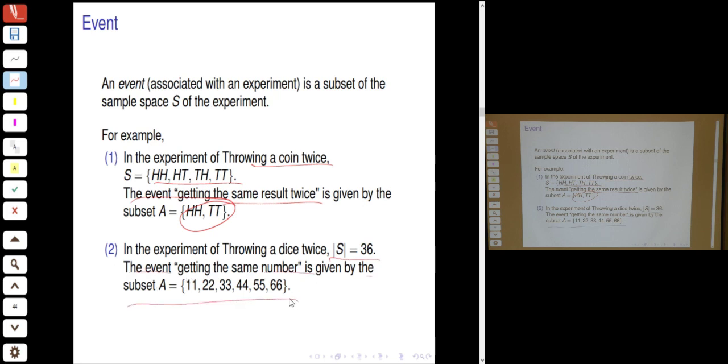The event of getting the same number is given by (1,1), (2,2), (3,3), (4,4), (5,5), and (6,6). The sample space is any combination of two integers between 1 and 6, and the event of getting the same number twice is essentially repeated (1,1), (2,2), (3,3), and so on up to (6,6).